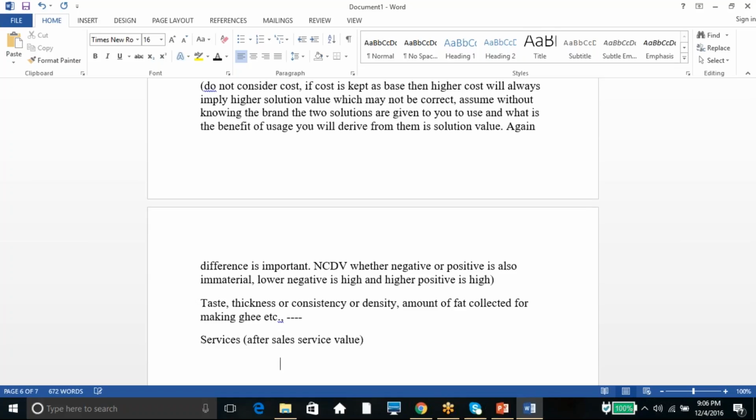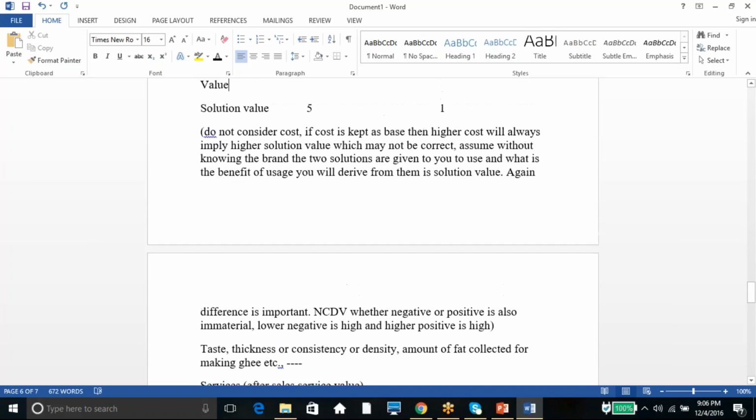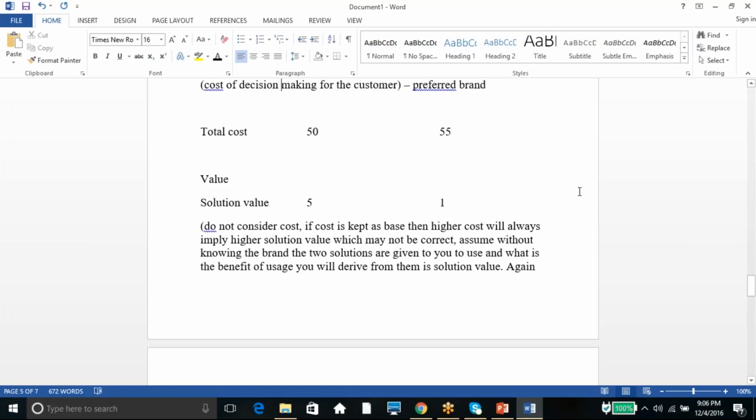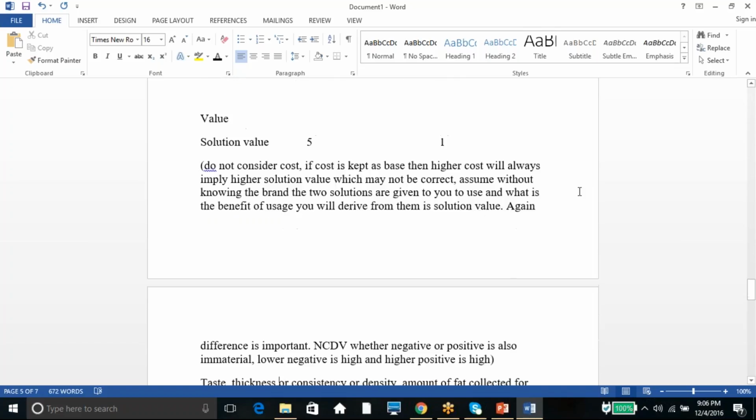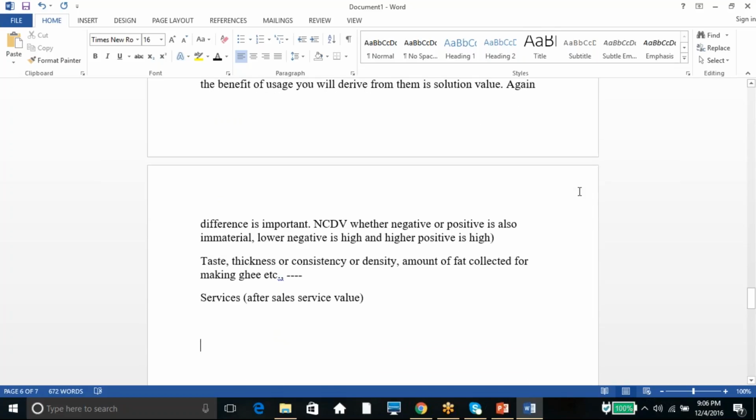So after sales service for a product like milk will probably only be in terms of if it is spoiled or when you boil it, it tears or whatever happens, then can you get a replacement? So if both of them give you replacement, then it is equal. If both of them don't give replacement, one gives replacement, obviously you will give it a higher value.